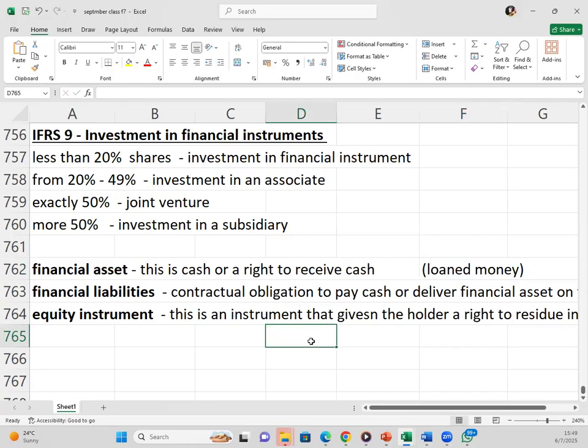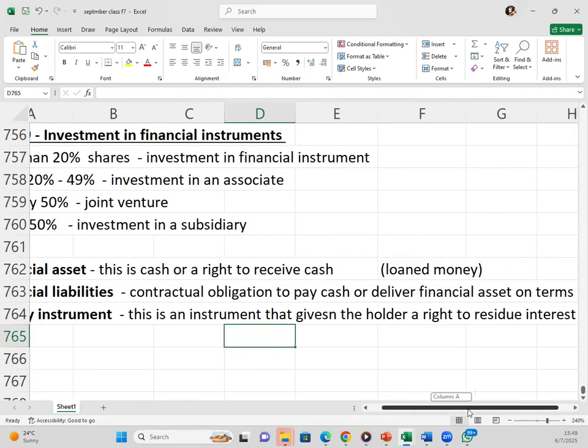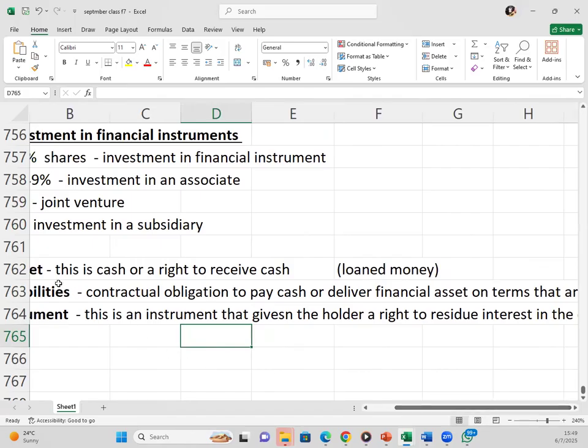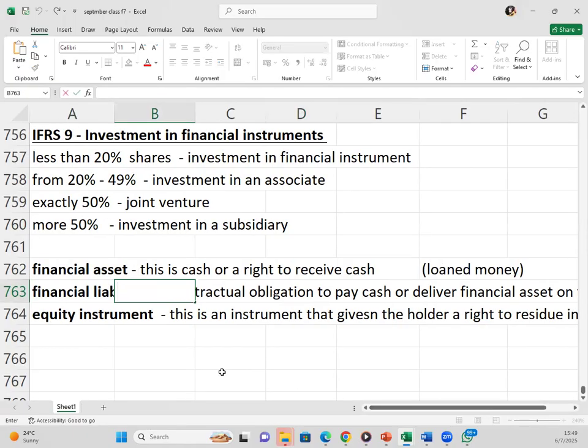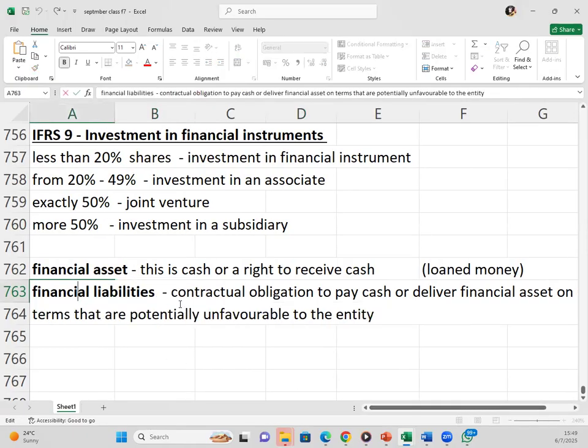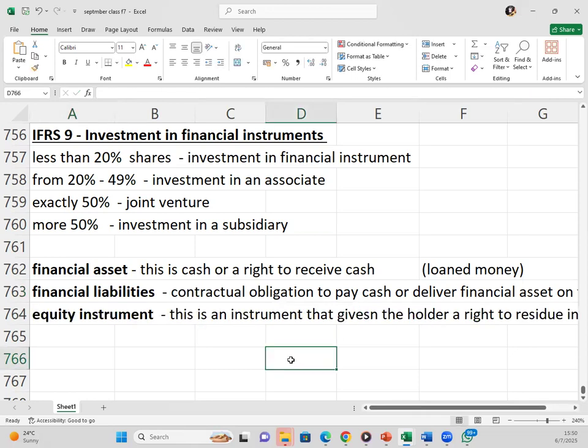They are going to be giving you interest, and they will repay you that. So you will be receiving cash. But on the side of liabilities, if you are the one who has received the loan, it means you have to be paying interest.